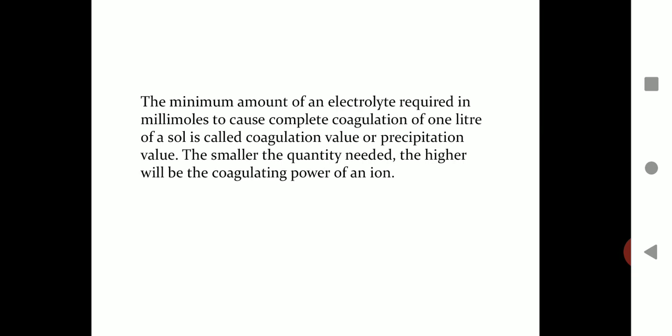The minimum amount of an electrolyte which is required in millimoles to cause complete coagulation of 1 liter of a colloidal solution is called the coagulation value or precipitation value of the coagulating ion or of the electrolyte. So smaller is the quantity needed, the higher will be the coagulating power of an ion. Means the smaller is the coagulation value of an electrolyte ion, the higher will be the coagulating power of that ion.